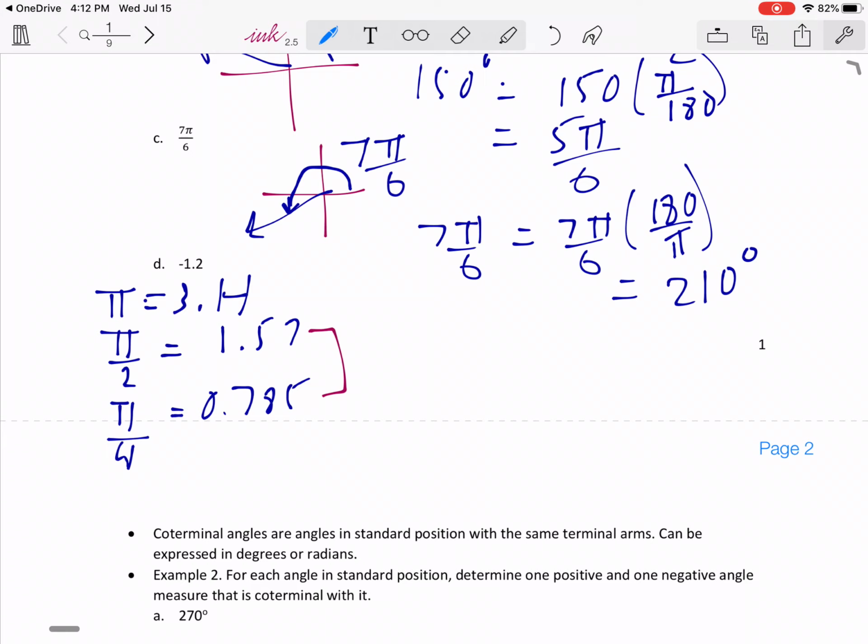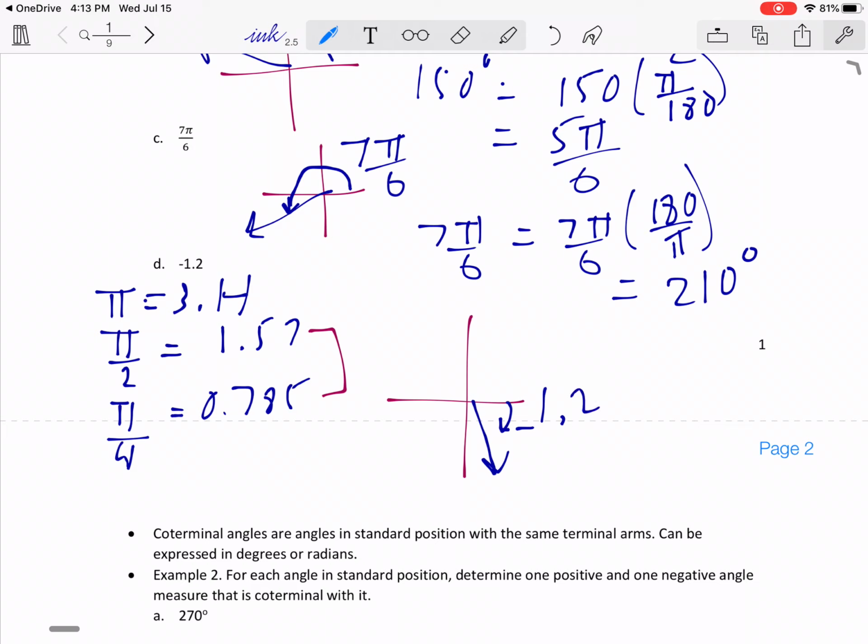Okay, so in terms of what that's going to look like, remember we're going in the negative direction. Midway through quadrant 4 would be pi over 4, and we're a little bit more than that. So this would be negative 1.2.